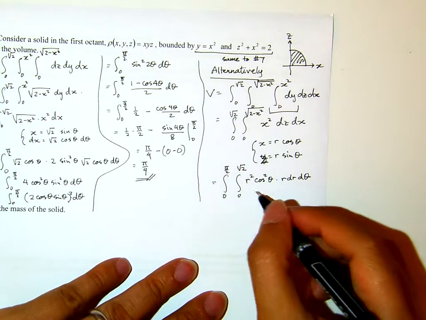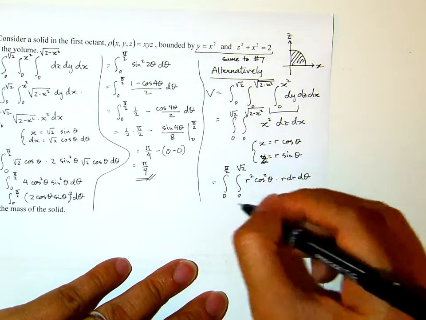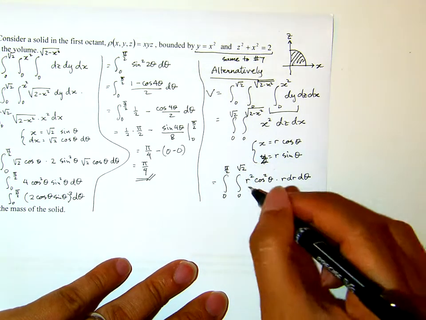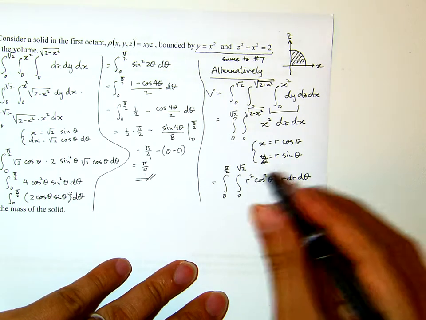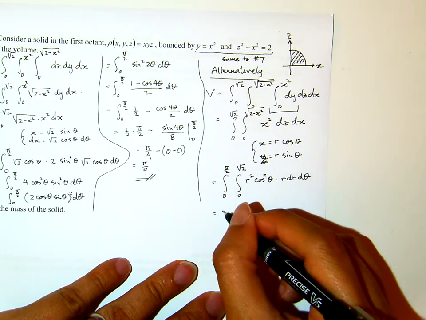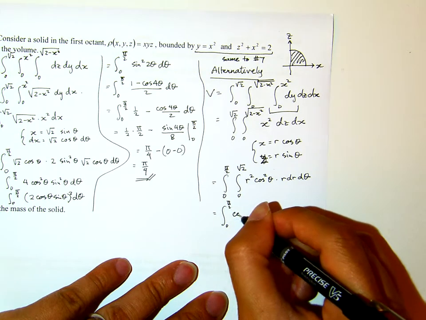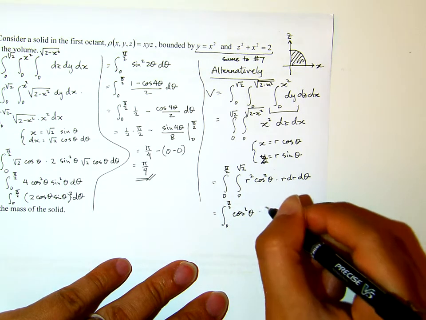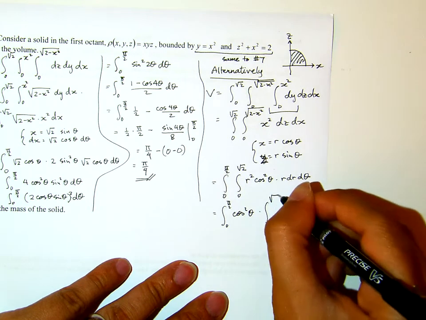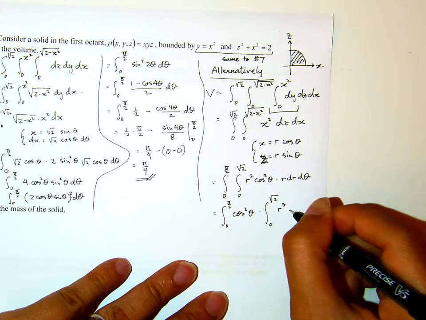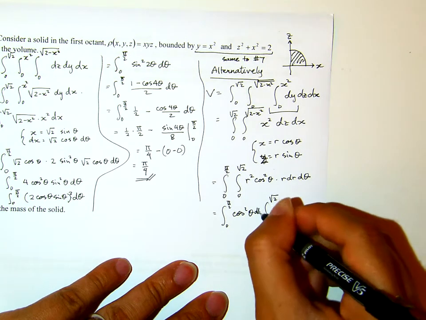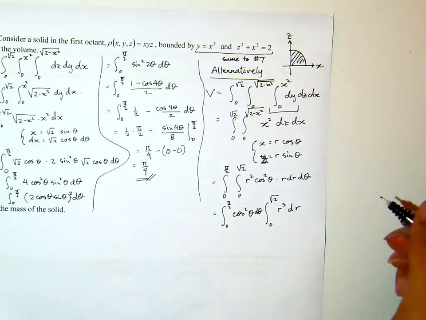Okay, and notice that the domain is quote unquote the rectangle and the integrand is separable. So let me separate that. I have the integral from 0 to pi over 2 of cosine squared theta times the integral from 0 to radical 2 of r cubed dr. This is the theta here and this is the r.